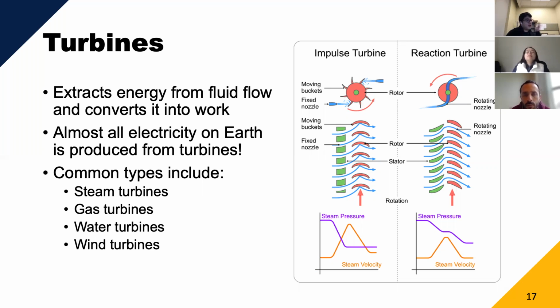We'll think about steam and gas turbines today. This is a simple diagram of how these turbines take advantage of this fluid movement to actually rotate. You don't need to know too much detail about this, but impulse and reaction turbines are common forms of turbines that are used today.